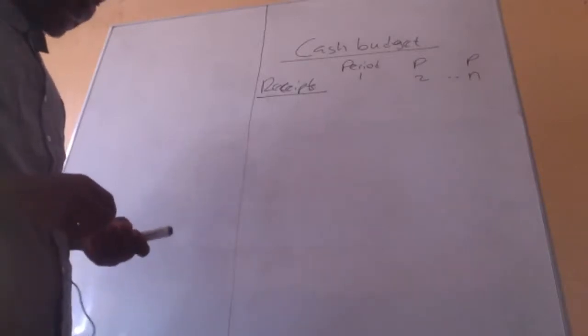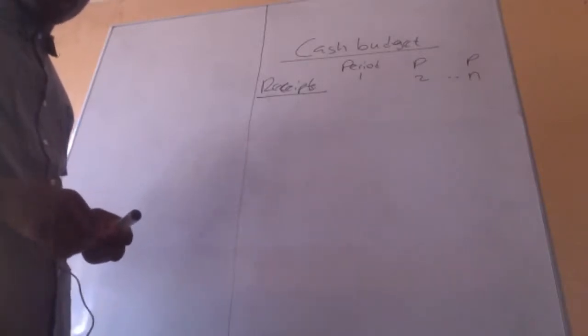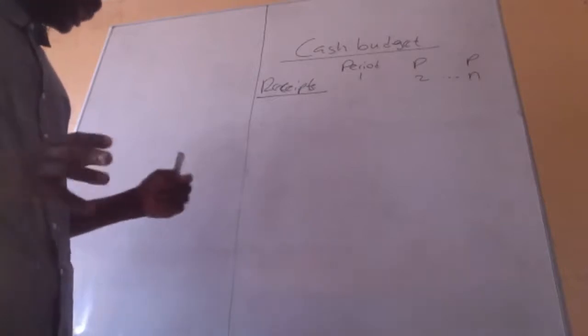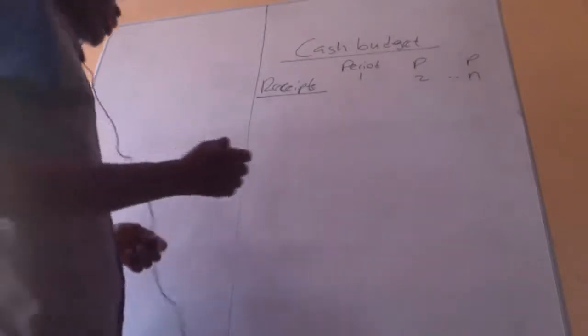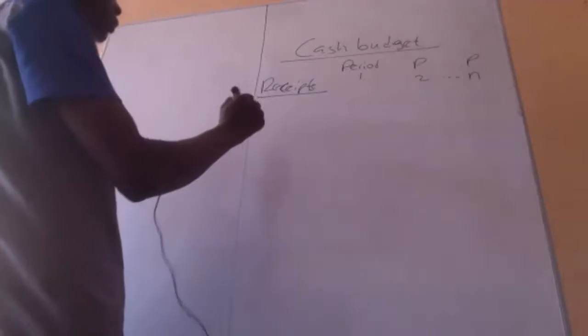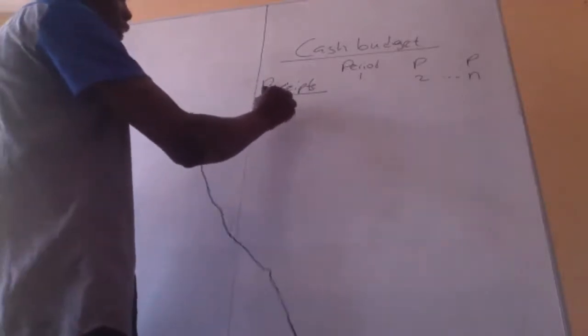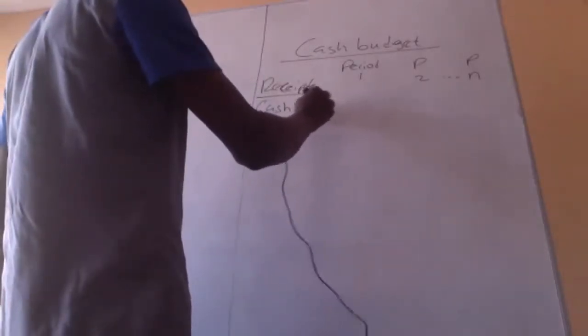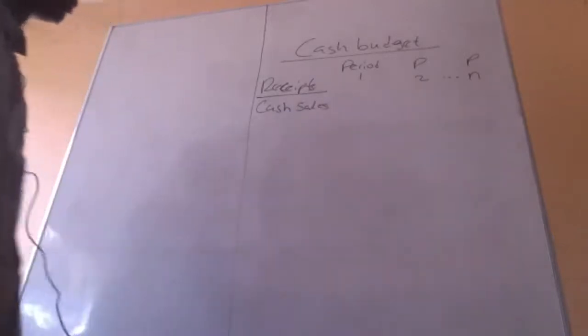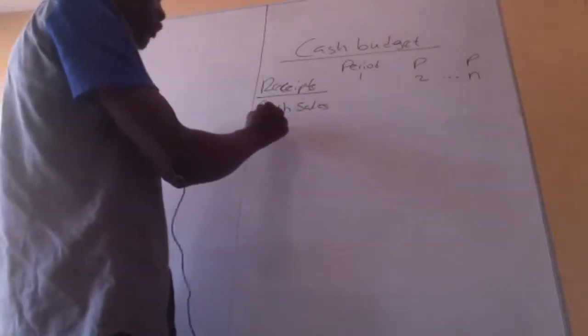Now the receipts, there are many, but I've grouped them into 3. Just 3, then you are done. They are: 1, cash sales. Cash received from credit customers.